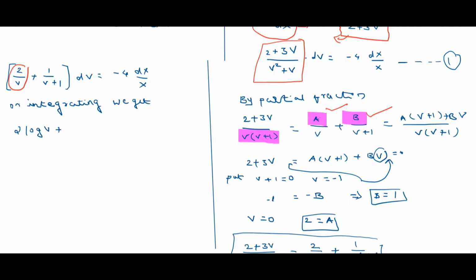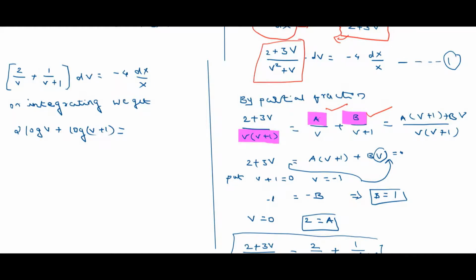Now what is the integration of this second term? Integration of 1 divided by (v + 1) is equal to logarithm of (v + 1), is equal to.